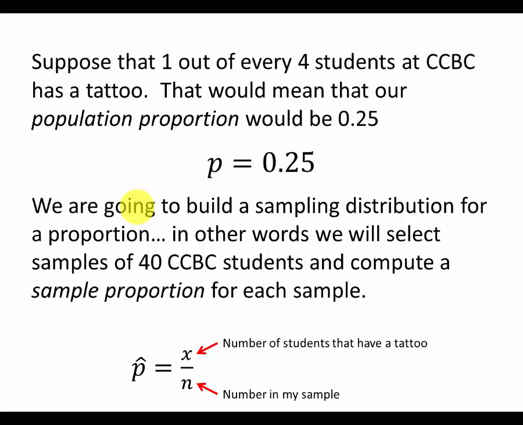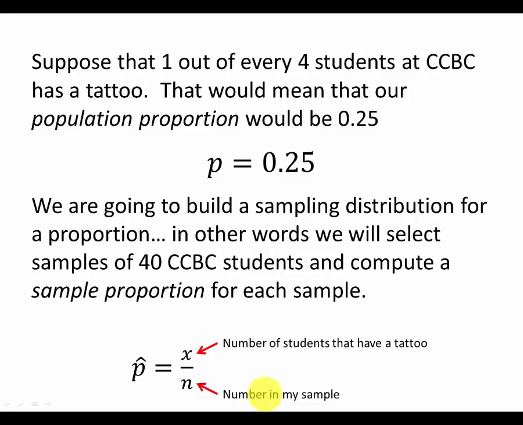In other words, we're going to select samples of 40 CCBC students and compute a sample proportion for each of these samples. Now, a sample proportion will be a lowercase p, but with a caret on top, which I will call a hat. P hat is equal to the number of students in the sample that say they have a tattoo over the number in my sample.